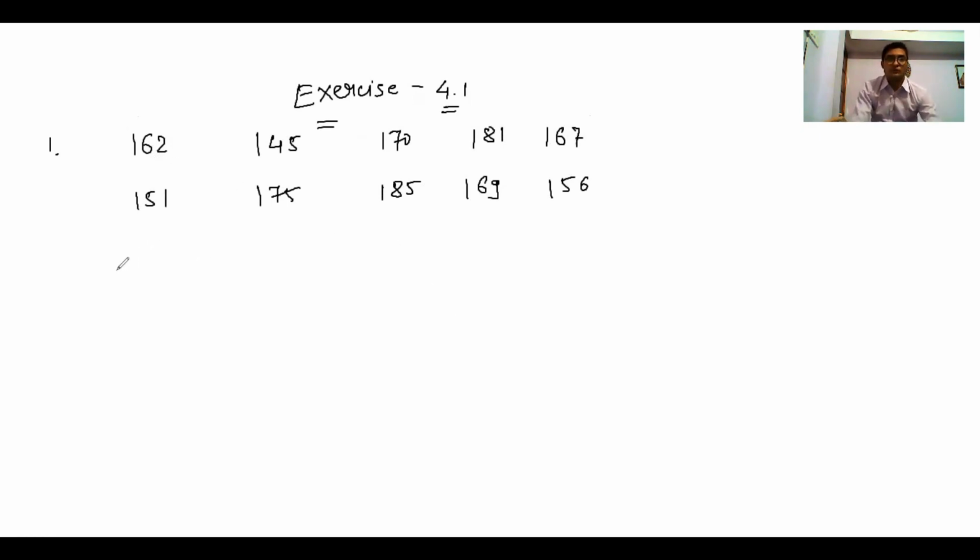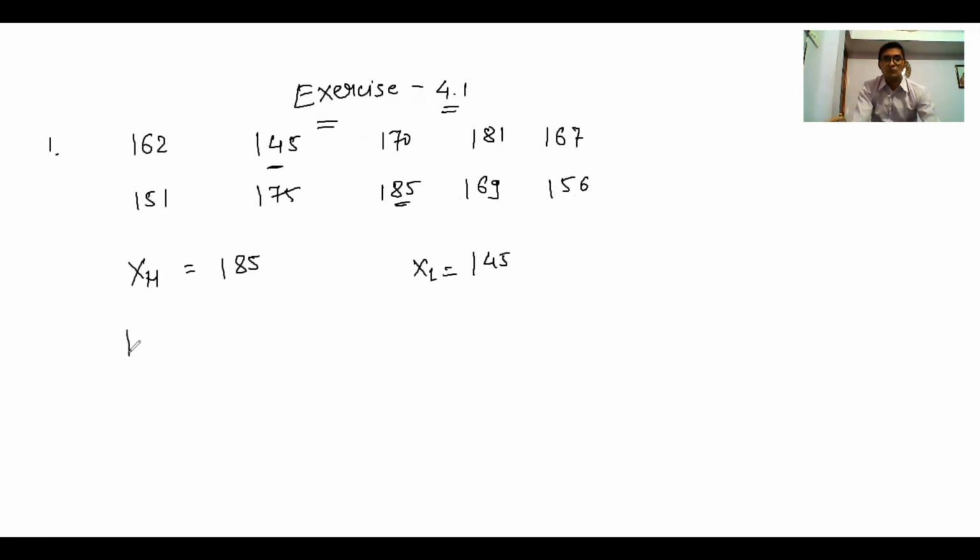Now, first of all, we have to understand the meaning of XH and the meaning of XL. XH stands for the highest value, the highest observation from all these data, that is 185, and the lowest value is 145.